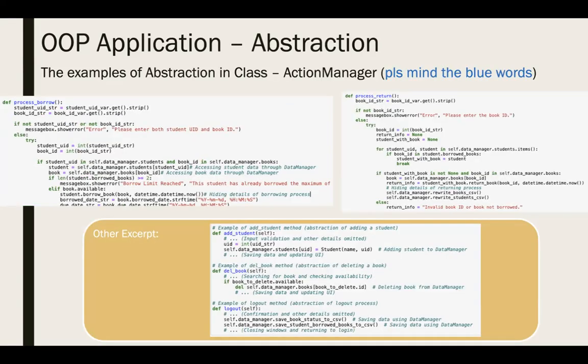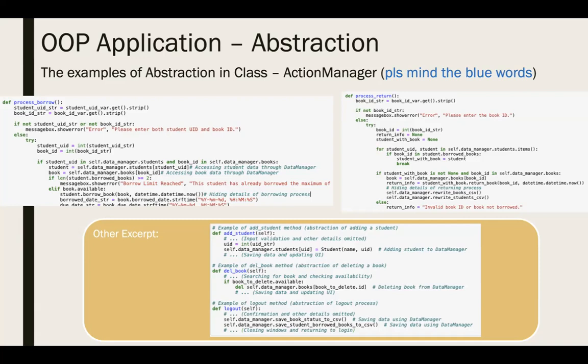Because of time, I will just take a few examples of abstraction in the action manager class. As you can see in the code, the borrow book method hides the details of checking book availability, updating the student record, and modifying the book status. This allows other parts of the system to simply call this method without worrying about the underlying implementation.